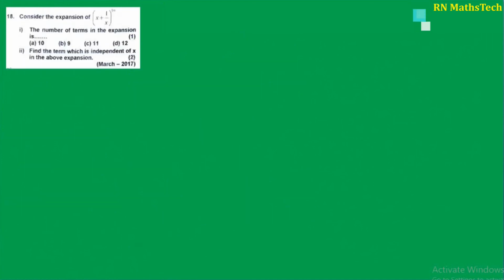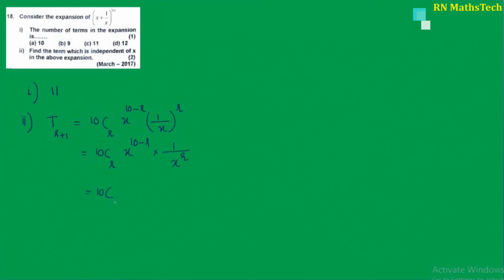Now question number 18. First part. The number of terms in the expansion is 11. The whole raised to 10. Now second part. Find the term which is independent of x. tr plus 1 is 10cr x raised to 10 minus r 1 by x raised to r.